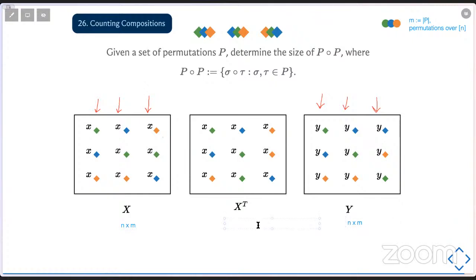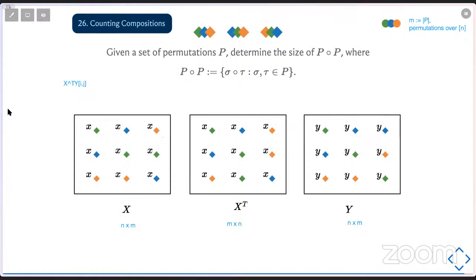X transpose is an M by N matrix. So what happens when I multiply X transpose with Y? What is the ijth entry of X transpose Y? Well, let's think about this. The ijth entry is the ith row in X transpose, which is the scalar product that we've just seen.